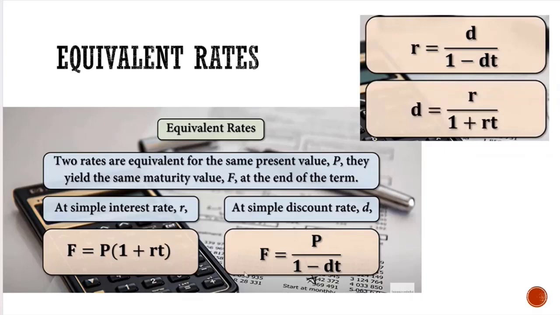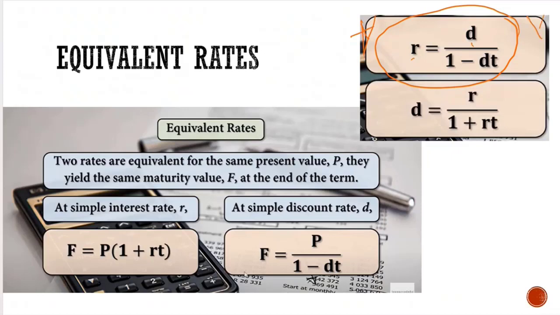If you've got a simple interest or discount on the same situation, here is the formula that you use. This is a simple interest rate that is equivalent to a discount rate. If you are given a question that requires you to use the equivalent discount rate given a simple interest rate, or you are given a discount rate and then you need to calculate a simple interest rate, this is the formula.